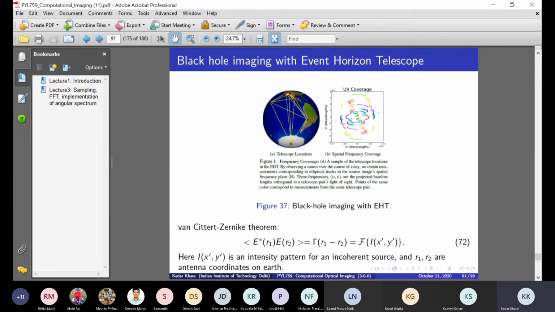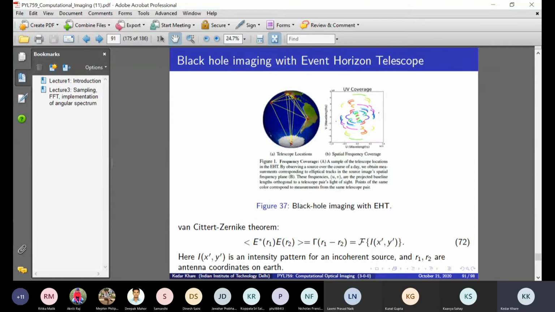If you are interested, in the next semester I generally teach a class on statistical optics and coherence theory, where I teach this theorem. The theorem is very interesting. Suppose I have an incoherent source, which is spatially incoherent. Here people are trying to image the radiation from the black hole just outside its Schwarzschild radius.